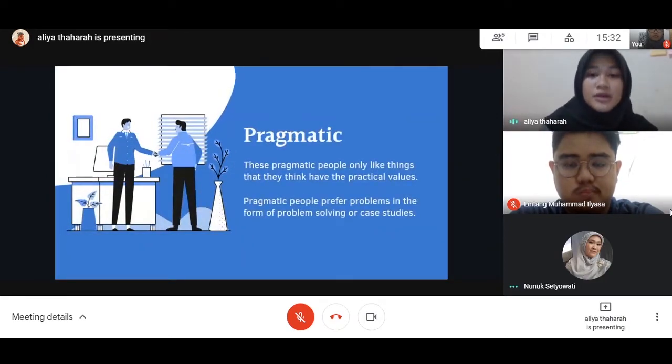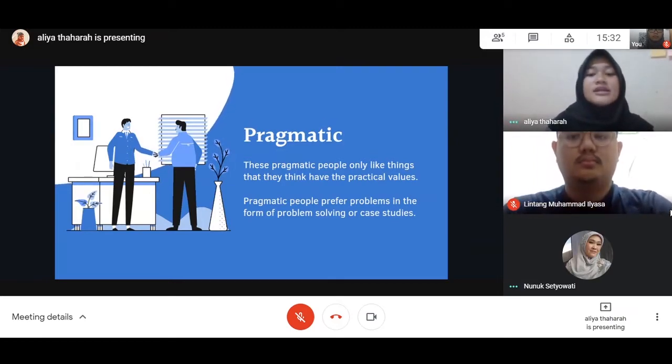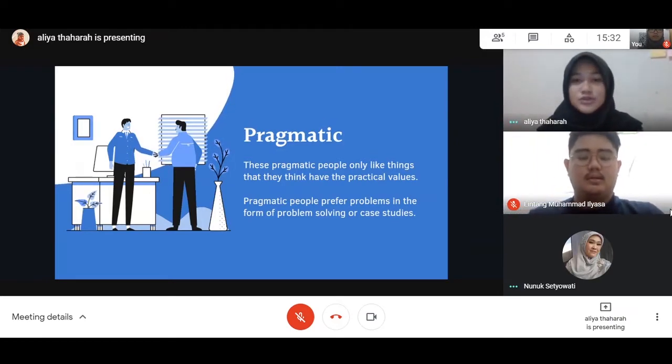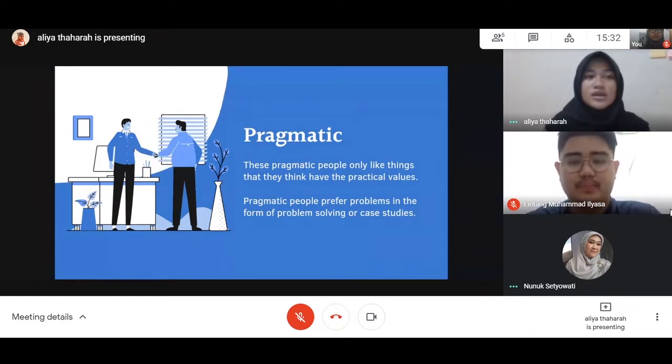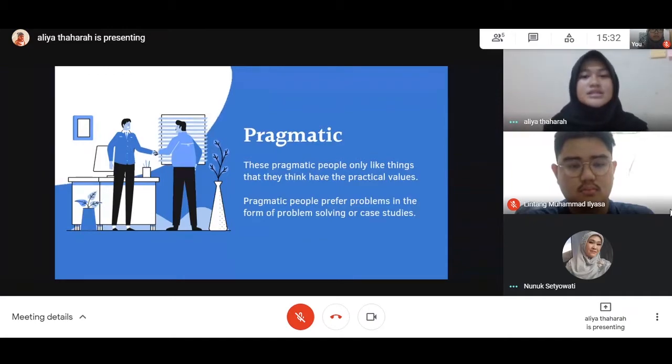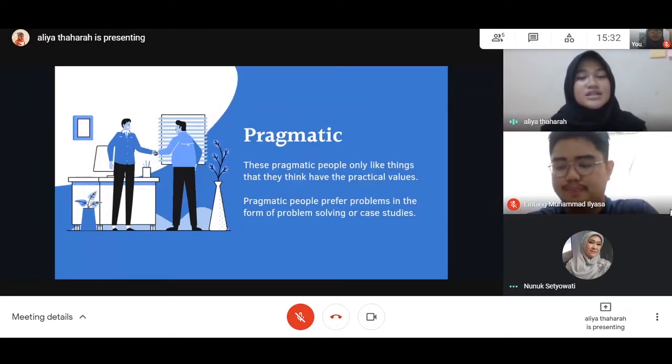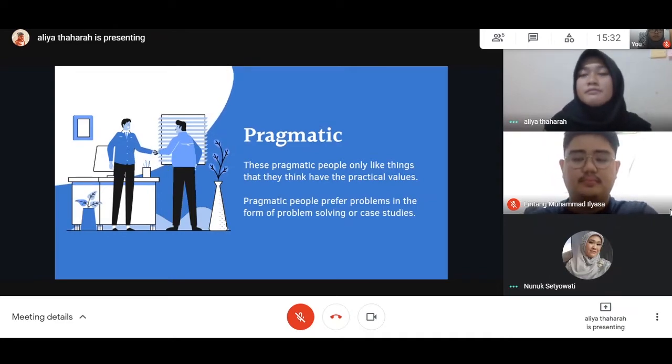Next, there are also pragmatists. These people only like things that they think have practical value. What is practical value? Practical values are things related to reality, for example, material that could be applied in reality.